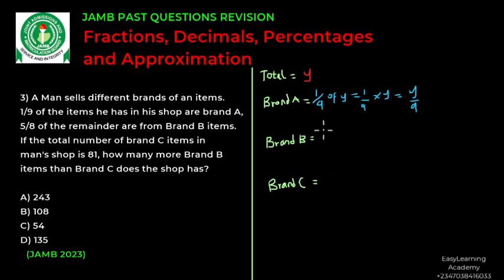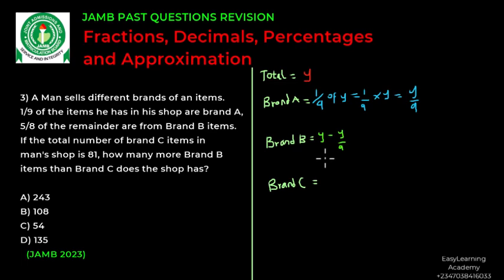We need the remainder first, so we subtract Y/9 from Y. Y minus Y/9 gives the remainder.